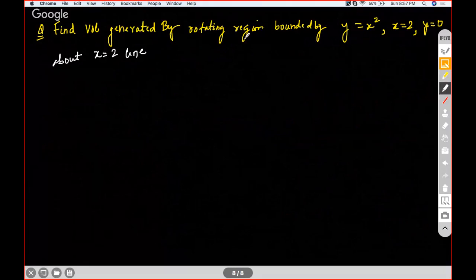Let's try to imagine what region they are rotating. Which is this region that they are rotating?